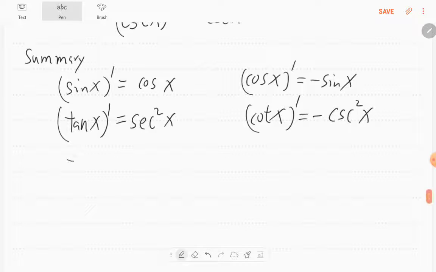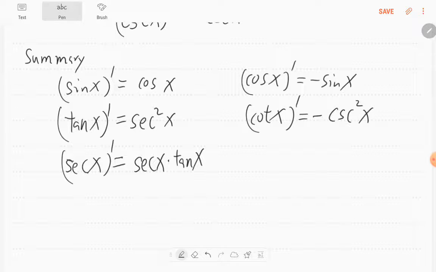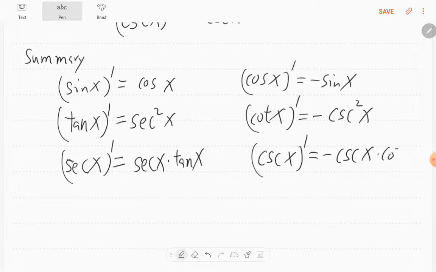The derivative of secant equals secant times tangent. The derivative of cosecant equals negative cosecant x times cotangent x. Okay, so here, these 4 are very important. You need to memorize them. You may need them in the future.